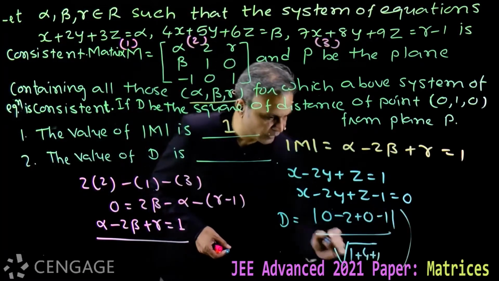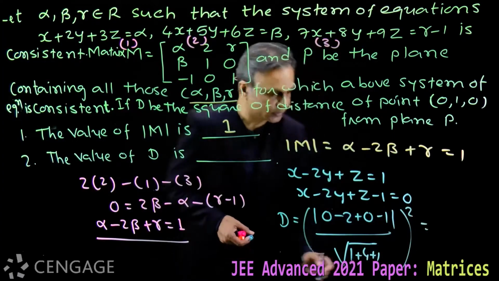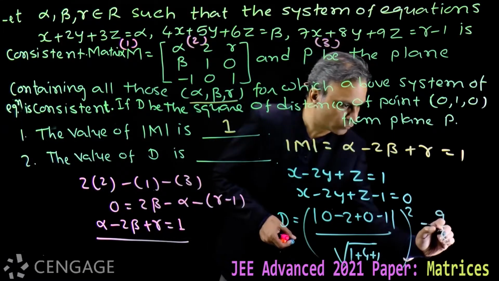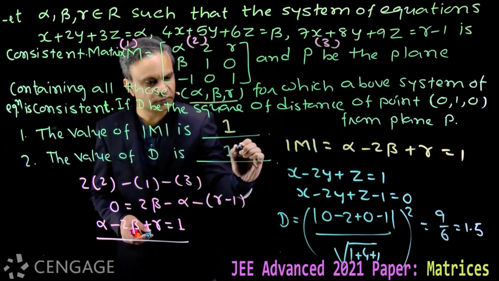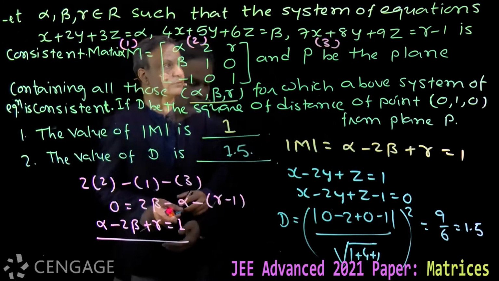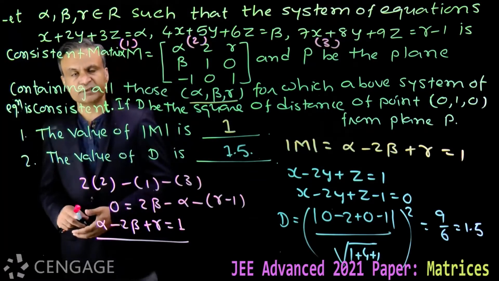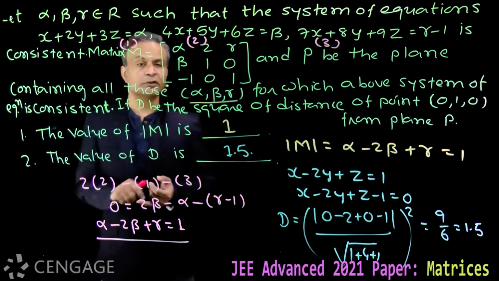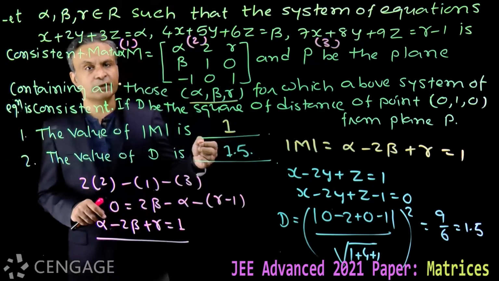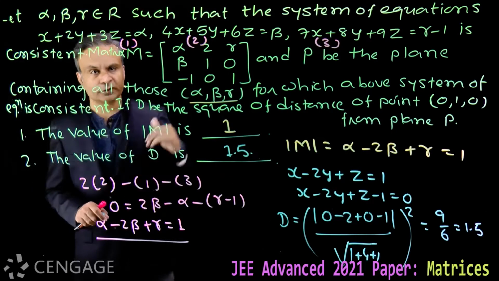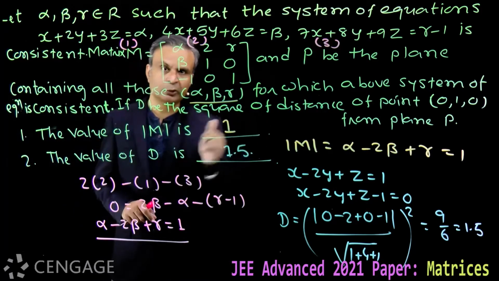D is actually square of this distance, and this is equal to 9 over 6, means 1.5. So answer of this question is 1.5. So this is very nice multiple concept question. We have concept of system of linear equations, then determinant of matrix, and equation of plane using the locus concept.